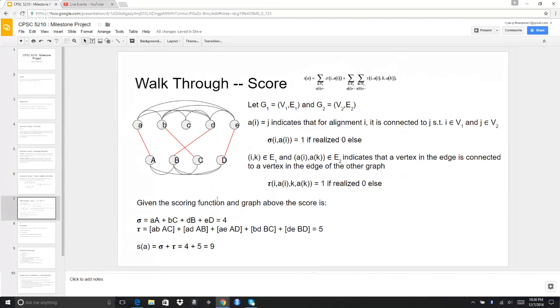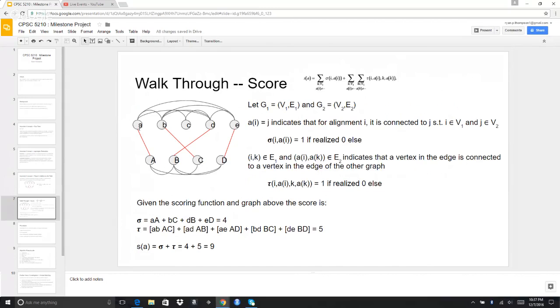So here's sigma: A, B, C, D, B, E, D. Those represent how each vertex is connected. For each red line, you get a score of 1, and then you sum the red lines, so you get a score of 4.